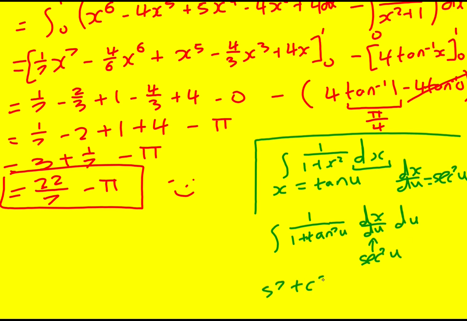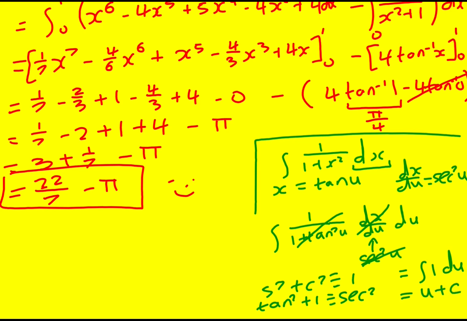Now sine squared plus cos squared is 1. Divide through by cos squared to give tan squared plus 1 is sec squared, which means that these two are exactly the same and they just cancel out, giving us the integral of 1 with respect to u, which gives u plus c. And then u is actually just equal to inverse tan of x. So that was very quick. That is proof of the result that I used in the question.